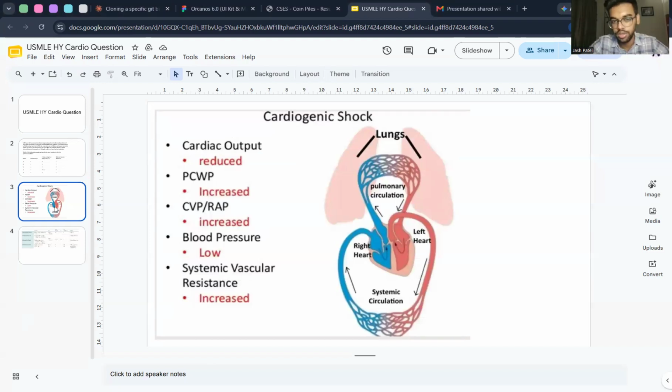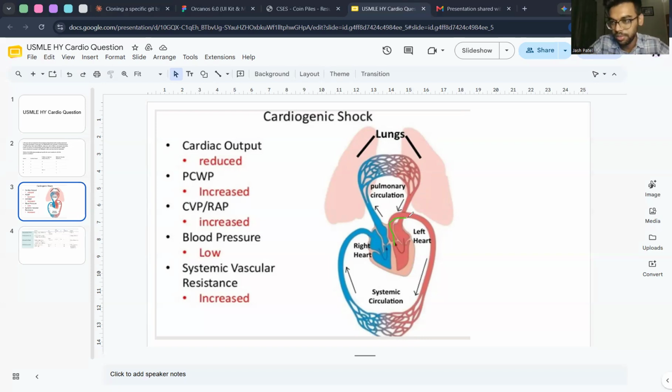So what happens in cardiogenic shock is the etiology, the most common etiology is acute MI, right? It can also be due to arrhythmia or valvular dysfunctions. But the pathophysiology is that the heart fails as a pump, which leads to, so if I had to show you in the diagram, the left ventricle usually pumps blood into the aorta, into the systemic circulation through the aorta.